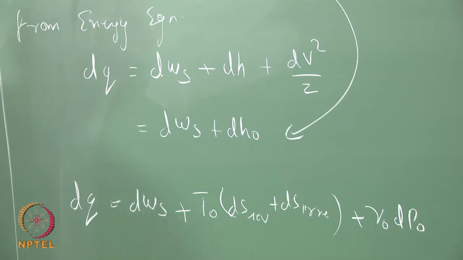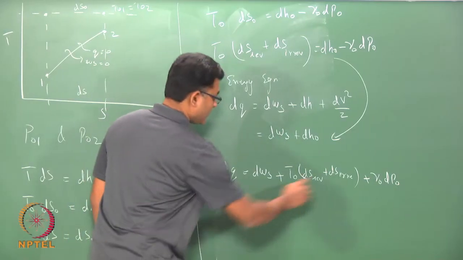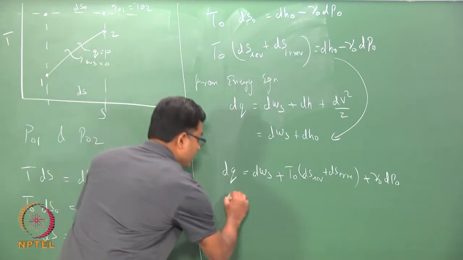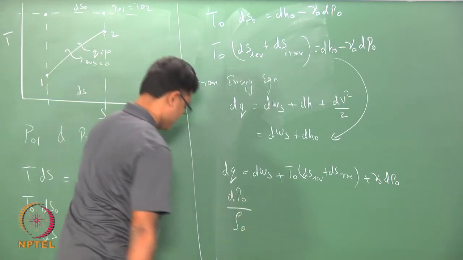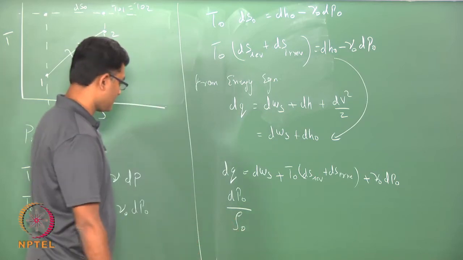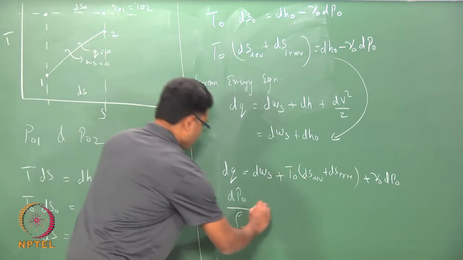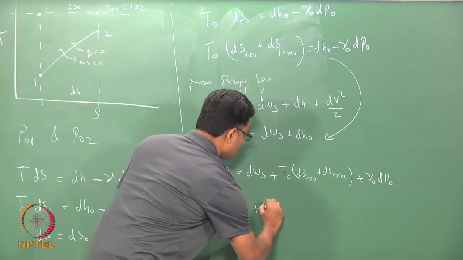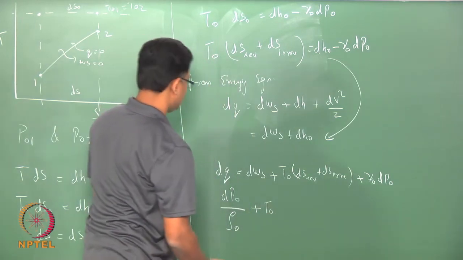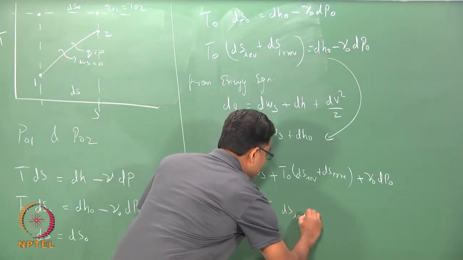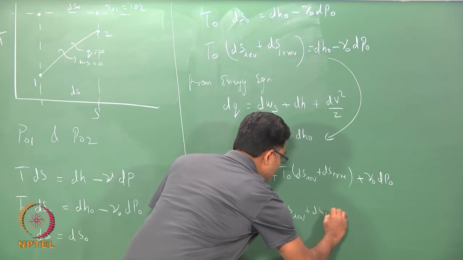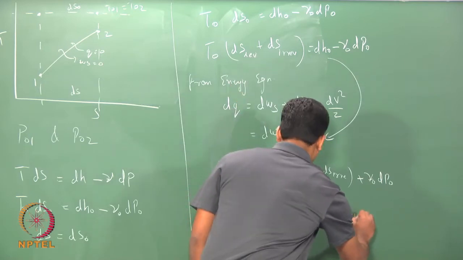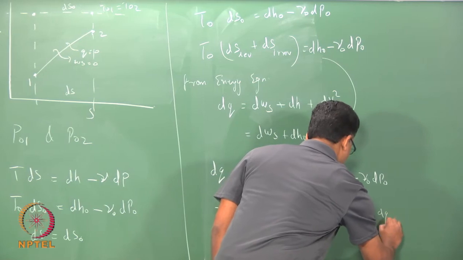Now V0, which is a specific volume, I can rewrite as 1 over rho 0, the stagnation density associated with some state, so dP0 by rho 0 plus T0 (ds reversible plus ds irreversible) plus dws minus dq.